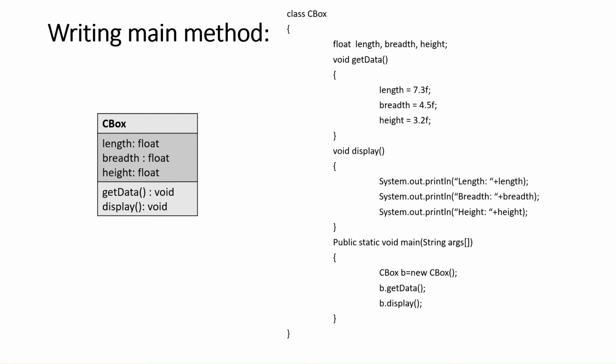There itself we can observe a difference. Whenever I write 7.3, in the hierarchy itself, it is a double data type. That means whenever I declare 7.3, it is going to take that value as double. Whenever I write 7.3f, it is going to take that value as a float value. That's why I wrote the values 7.3f, 4.5f and height as 3.2f.